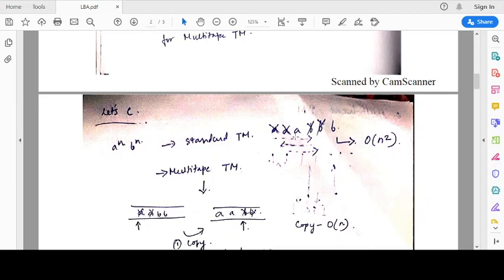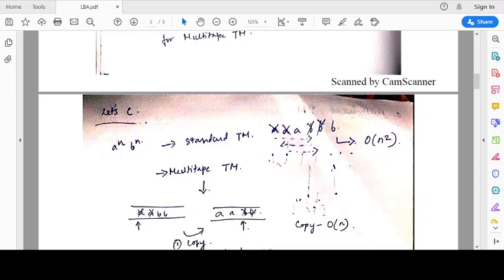Now the standard approach that we follow is we will mark this a as x and we will move rightwards. Again we will mark this b as y, and again we will move leftwards, mark this a as x, again go towards right, mark this b as y, and this will go on, right? So we are moving to and fro towards left and right continuously until all the a's and b's are exhausted.